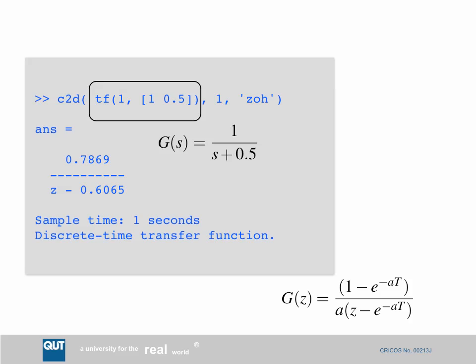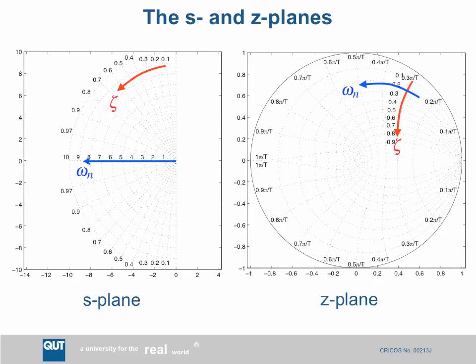So let's do a quick recap of the S and Z planes. We talked earlier about the S plane: natural frequency increases to the left, and damping factor increases as you move towards the real axis. On the Z plane, the directions are shown here.